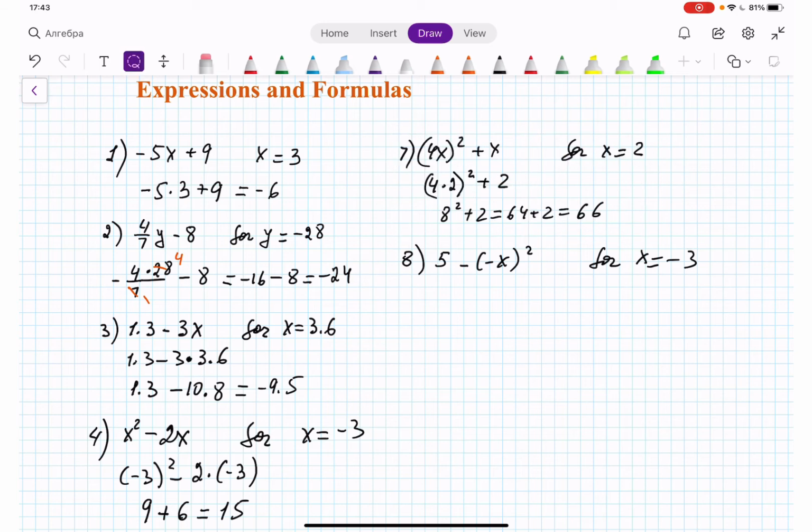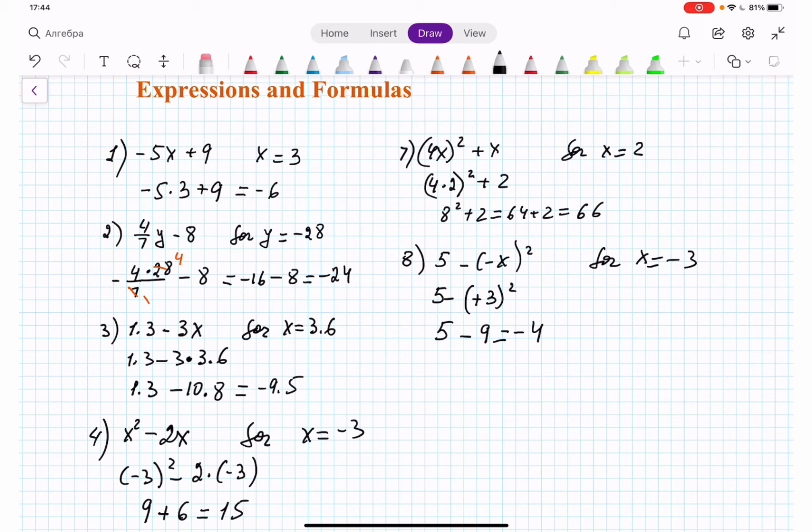So what do we have? 5 minus, so since x is negative 3 and negative x is going to be positive 3, right? I put on here plus on purpose so you will see. So if x is equal negative 3, then negative x will be positive 3. Okay, so this is going to be equal 5 minus 9 and equal negative 4.